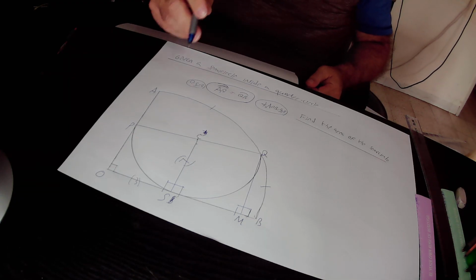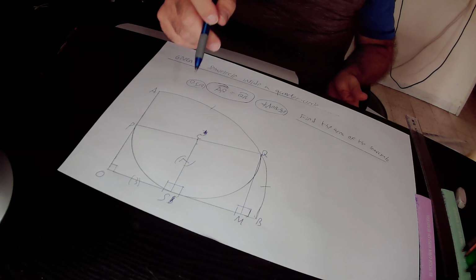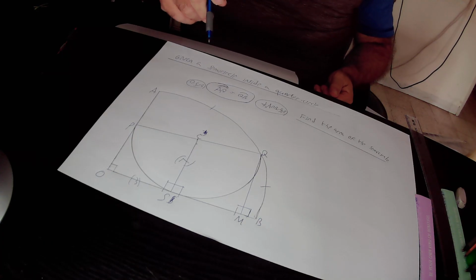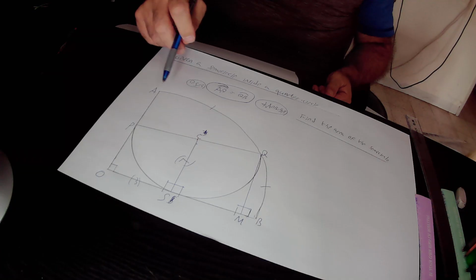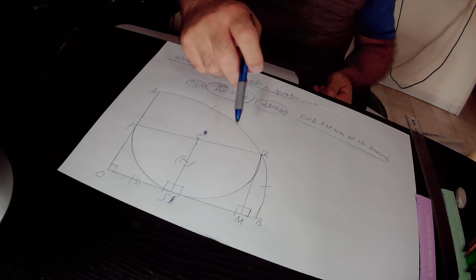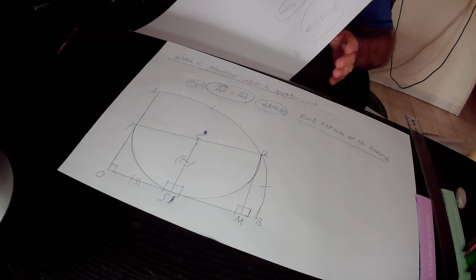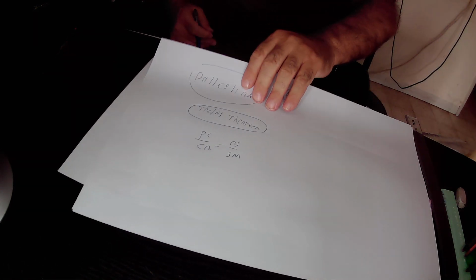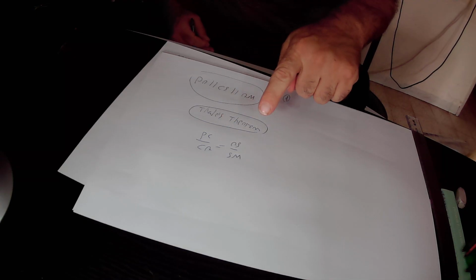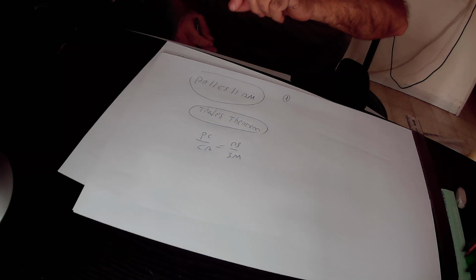Because we have three parallel lines, you can implement this theorem, which talks about the relationship between the two lines that connect the three parallel lines, line PQ and line OM. According to this theorem, the following equation is true: PC over CQ equals OS over SM.